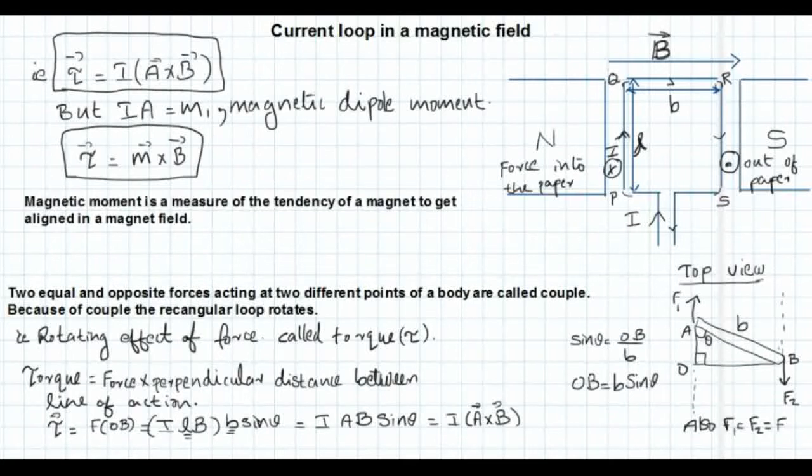Now we may define the magnetic moment or magnetic dipole moment. Magnetic moment is a measure of the tendency of a magnet to get aligned in a magnetic field. So actually this coil is acting as a magnet. So the measure of the tendency of this coil to get aligned in the magnetic field is the magnetic moment or magnetic dipole moment.